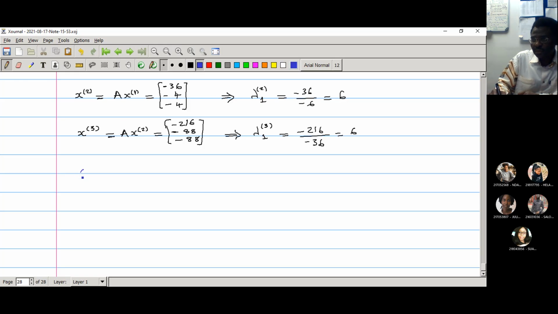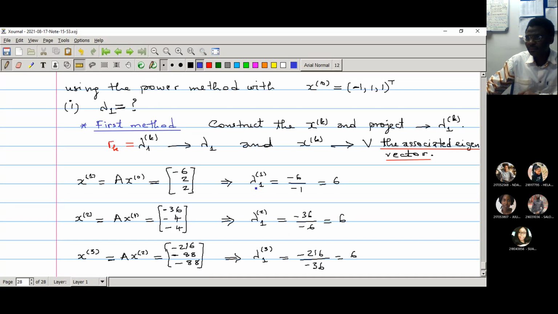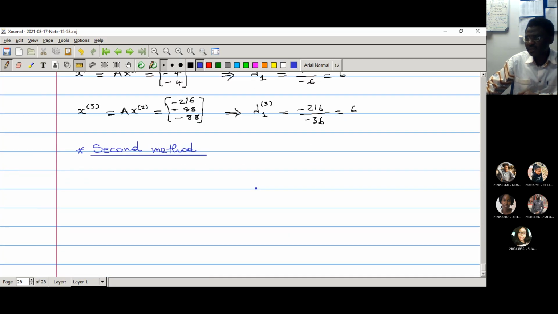So this is the second method. What do we know for the second method?